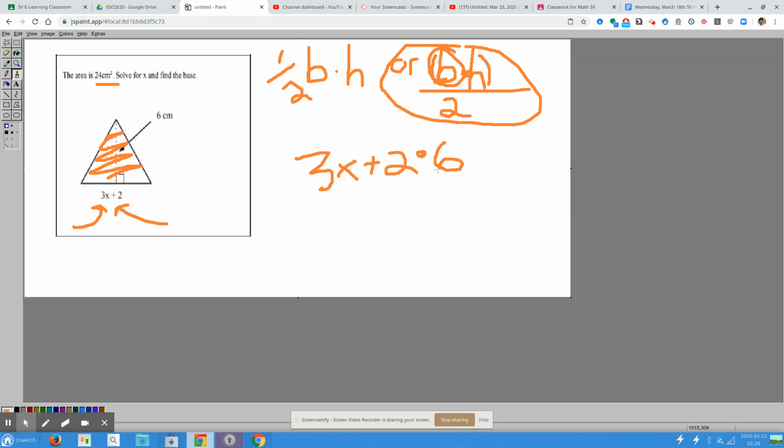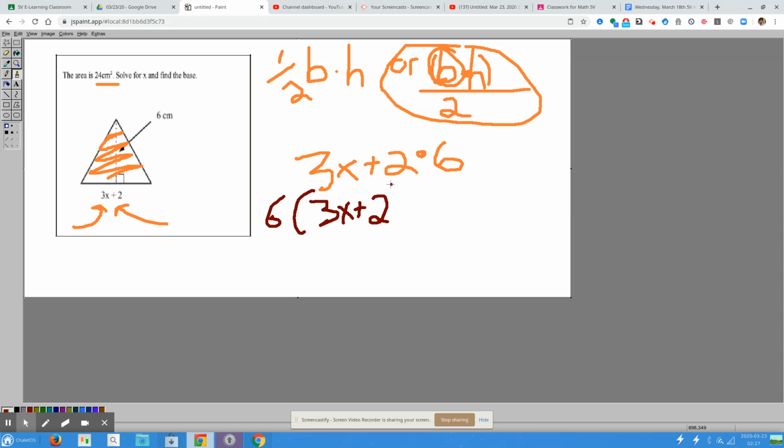But what I'm going to do is use 6 as a distributor, and use the distributive property to rewrite the equation as 6, open parentheses, 3x plus 2.